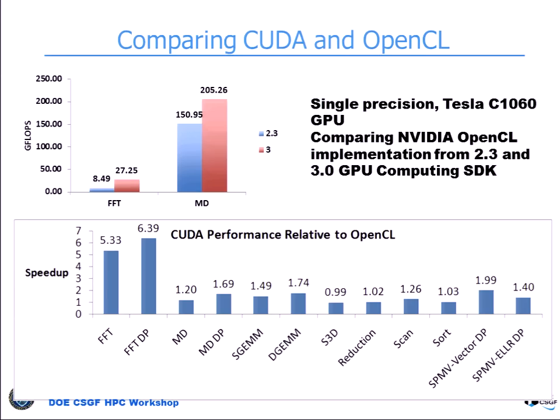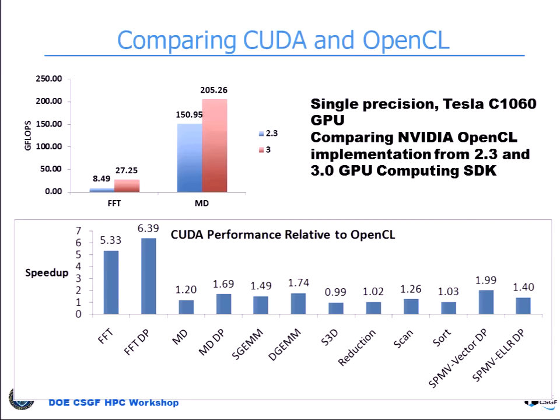If you look at many of the kernels in SHOC, and you think of CUDA as the best or the baseline, we see that even today we're very close for several of these benchmarks like sorting and reduction, S3D, and close for some of the others.